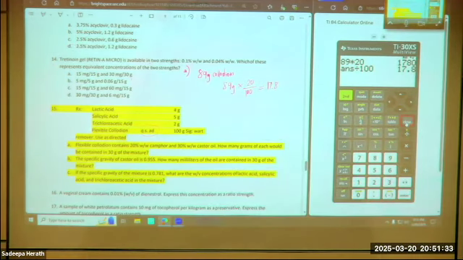And then we can do 89 times 30 divided by 100, 26.7.